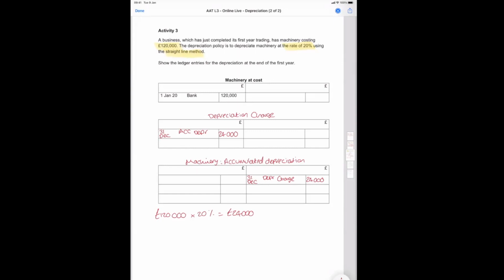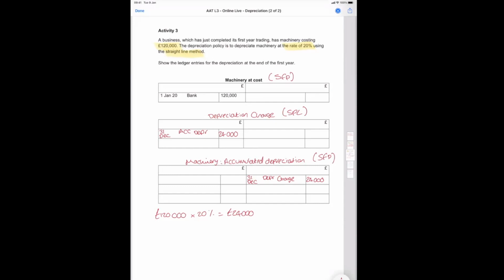And what that looks like in the accounts, and it's how we work out our net value of any current assets, is our depreciation account appears in the statement of profit or loss because it's an expense account. The machinery at cost account appears in the statement of financial position, and the accumulated depreciation account also appears in the statement of financial position.